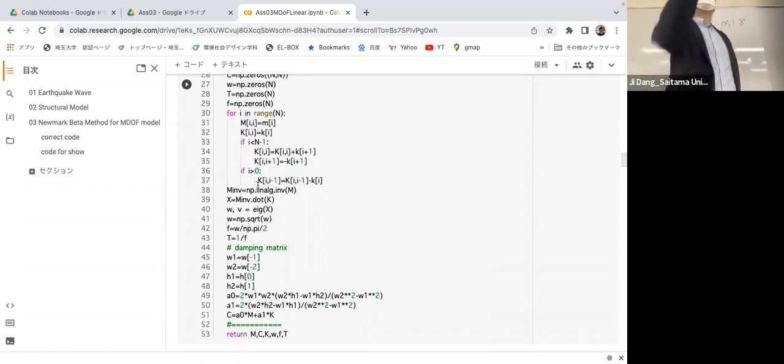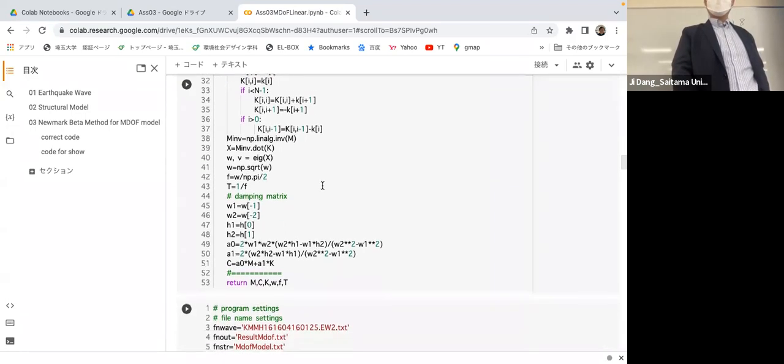From the second line, you should have this one, plus K_(i-1). Okay, so that is just the K matrix.